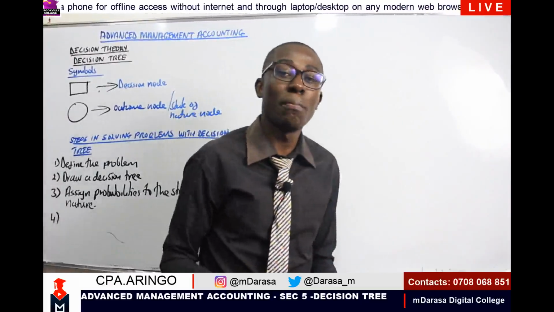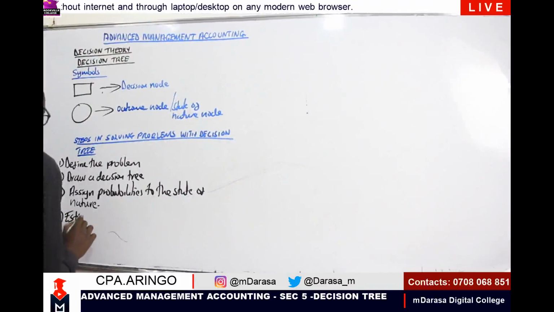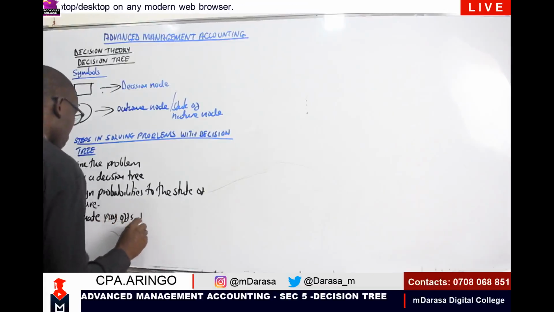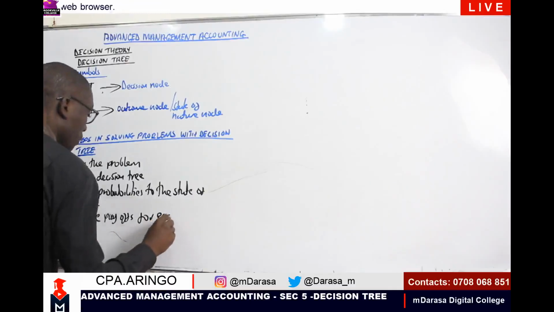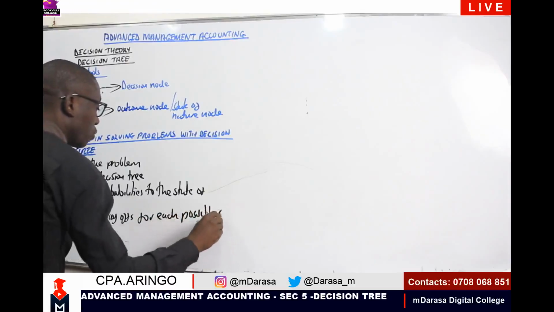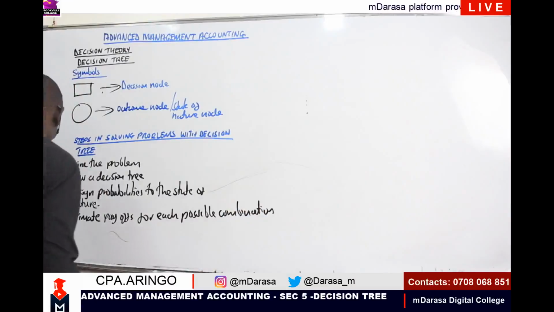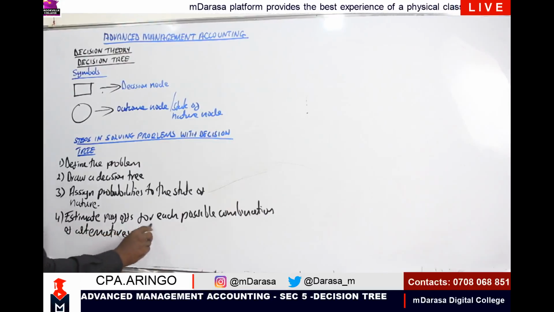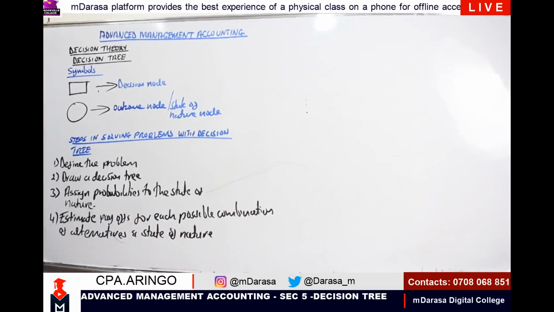We need to estimate payoffs for each possible combination of alternatives and state of nature. So you need to estimate our payoffs.